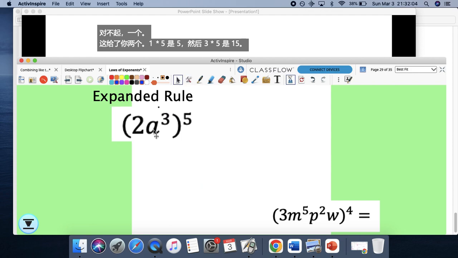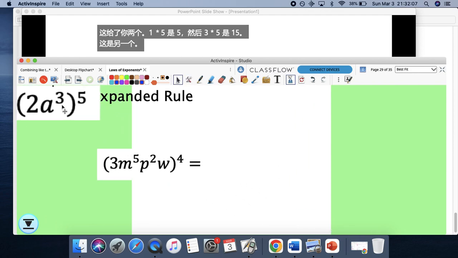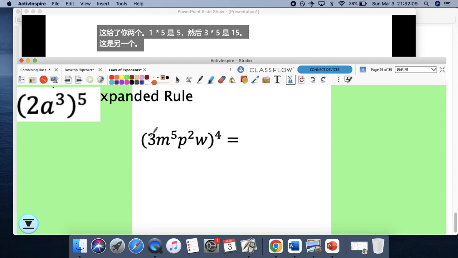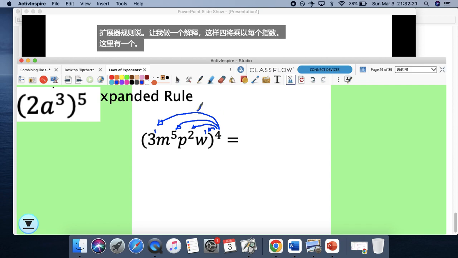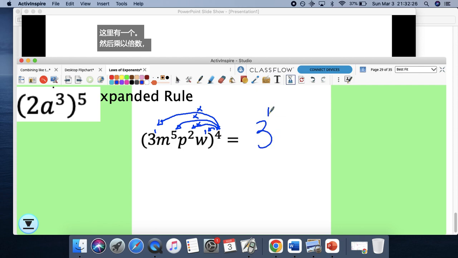Let's do the other one here. The expanded rule says, well, let me put an exponent of 1. So that 4 is going to multiply every exponent. There's a 1 here. We're going to multiply. So it's going to be 3, 1 times 4, m, 5 times 4, p, 2 times 4, and w, 1 times 4.